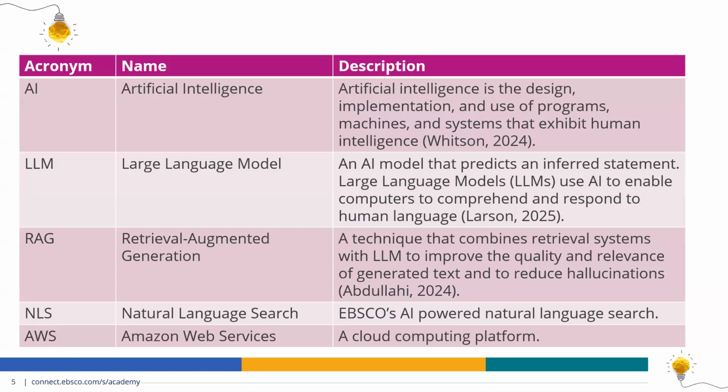NLS is the acronym for Natural Language Search, which is our AI-powered natural language search mode. And the last little thing is AWS, which is Amazon Web Services, which is a cloud computing platform. And we utilize aspects of AWS for our AI Insights tool.